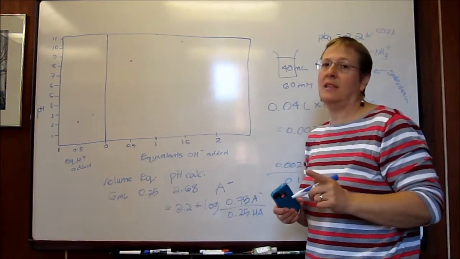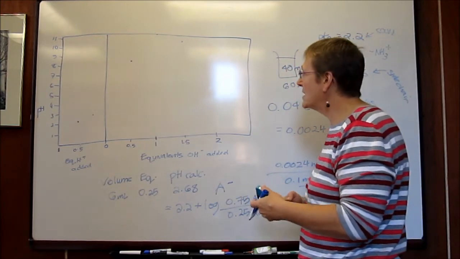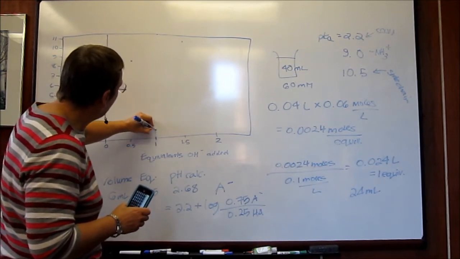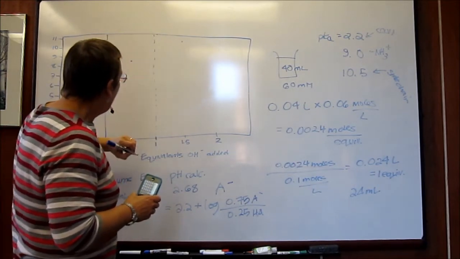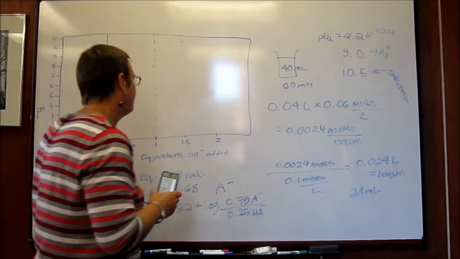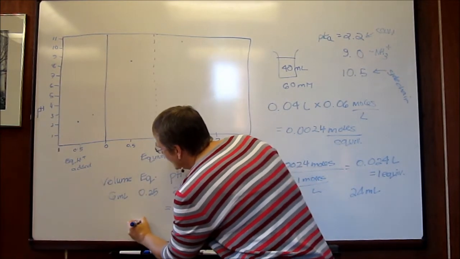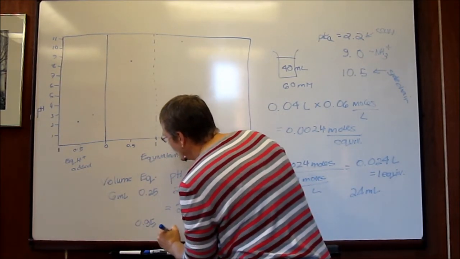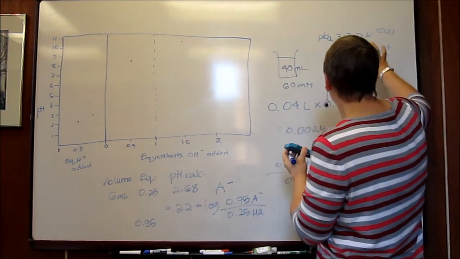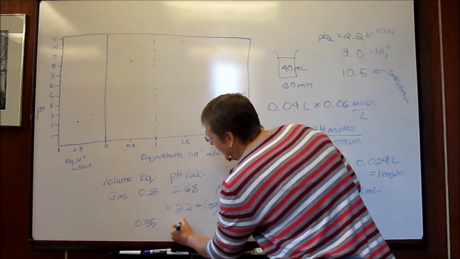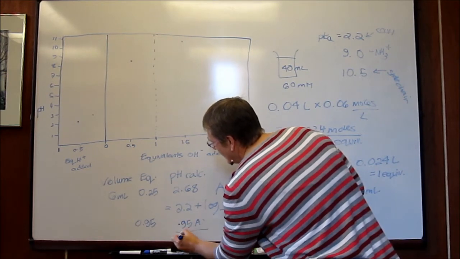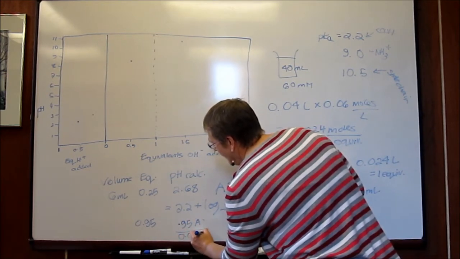There's a little trick that happens here that some people found when they did this problem. If you get into the zone around one equivalent, I'm just going to mark it in here, you're going to calculate a point. Let's say we calculate the 0.95 point. So we've added 0.95 equivalents of OH, which means, because this time we started with everybody fully protonated, we would have 0.95 of A minus and 0.05 left of HA.